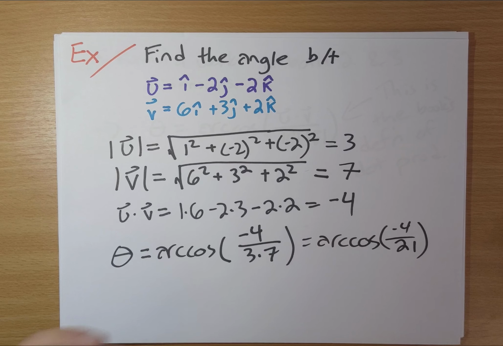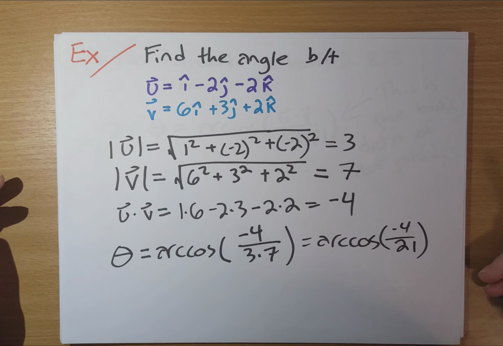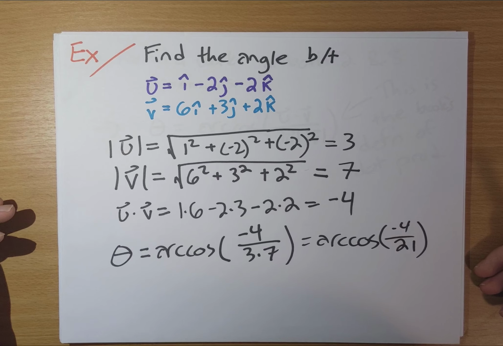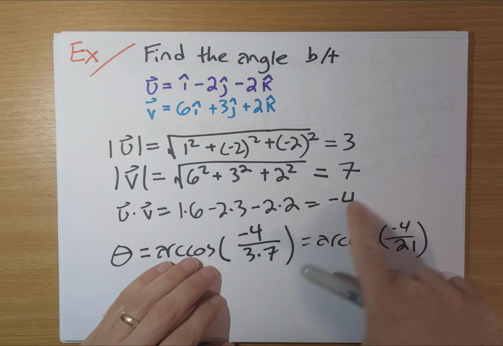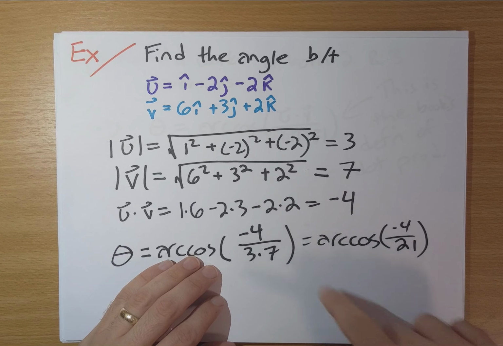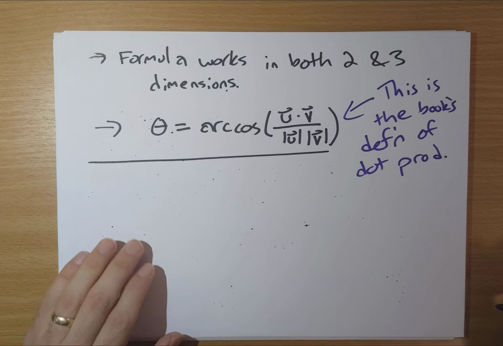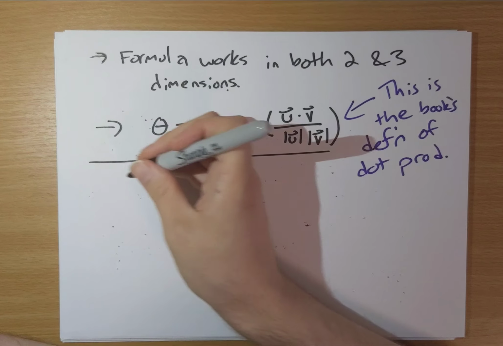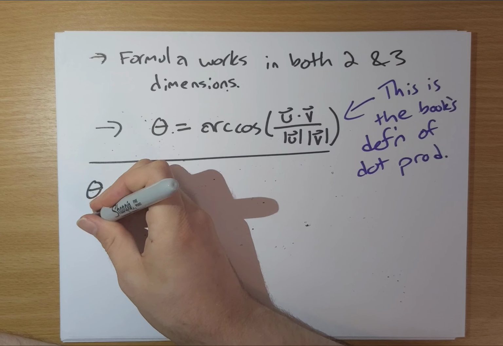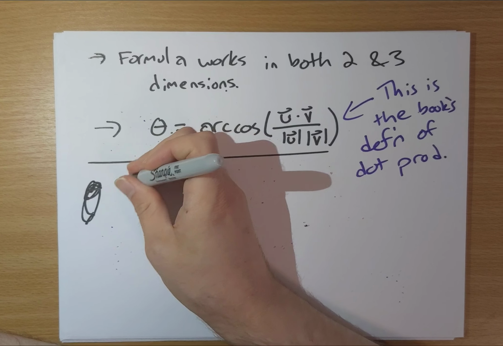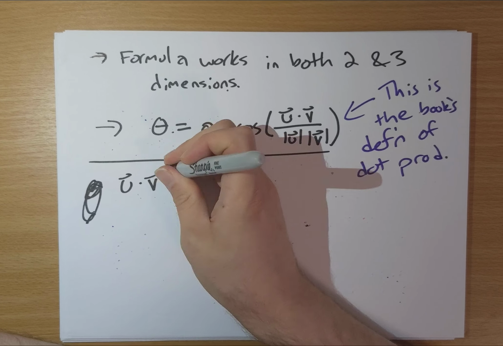Okay, a couple more consequences to go through in this video. The dot product here is negative. What does that mean? Let me say u dot v.